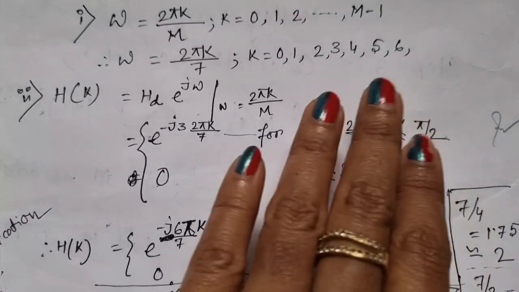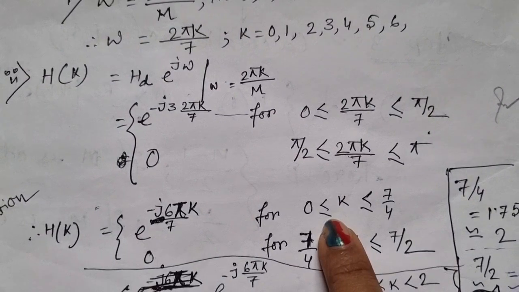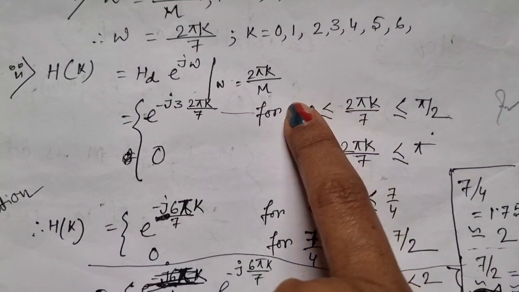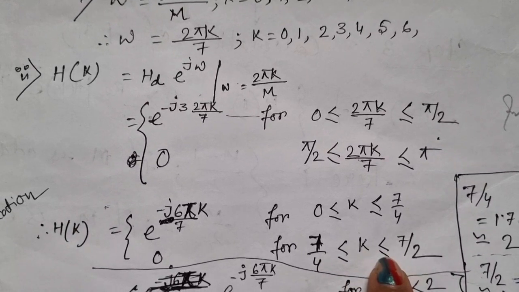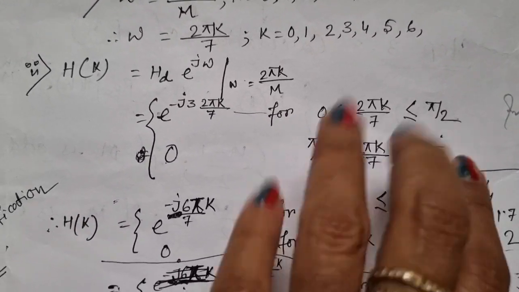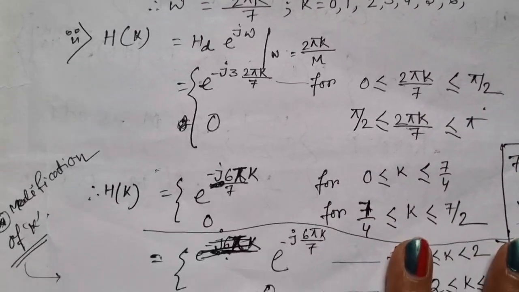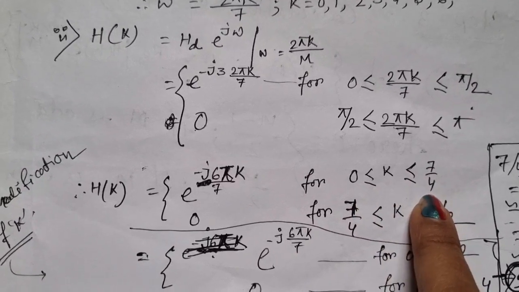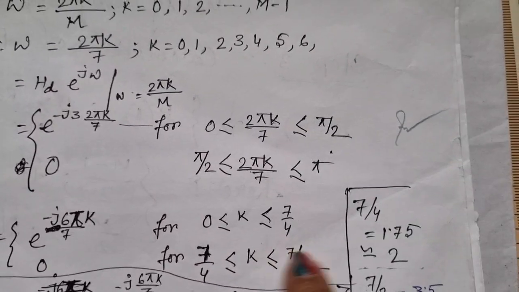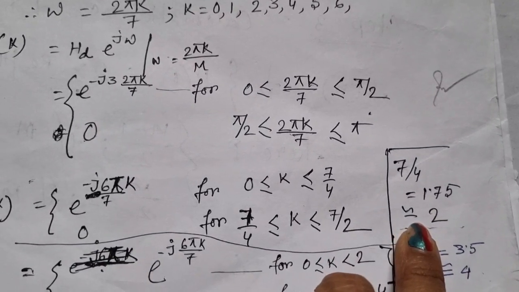Then in such a way, whatever we discussed here, we just keep it here: 0 to k 7 by 4, and here 7 by 4 to k 7 by 2. We just simplify the limit portion in such a way that we can continue further. So now, what is the value of 7 by 4? Just do the division: 7 by 4 is 1.75, which is nearly equal to 2.